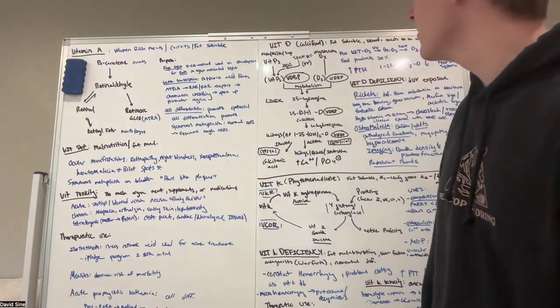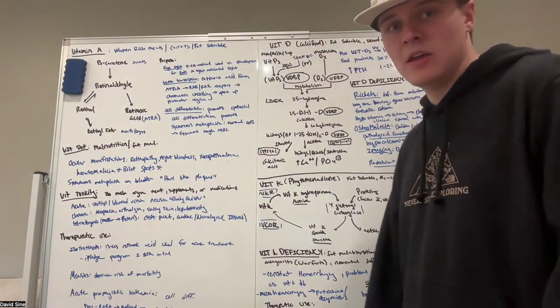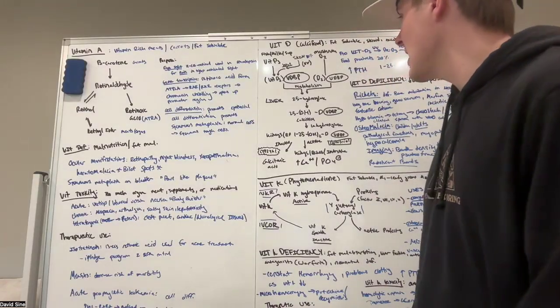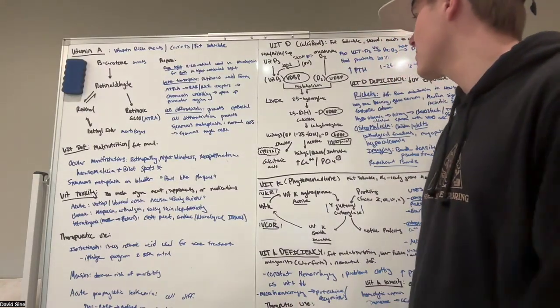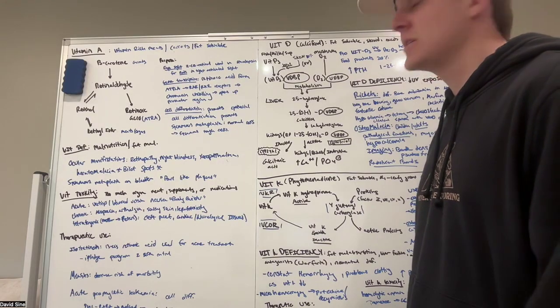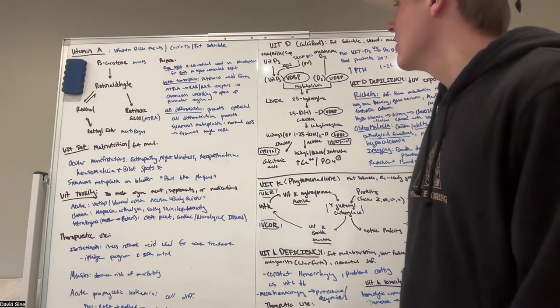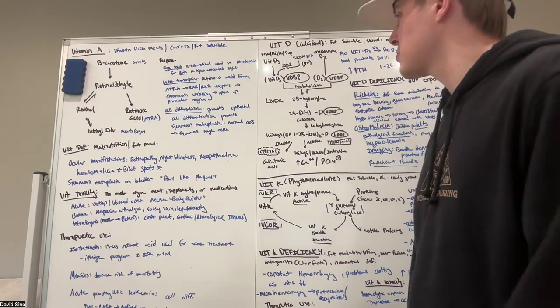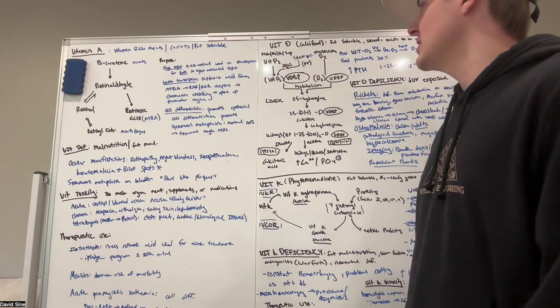That vitamin D3 form will get picked up by a VDBP, which is a vitamin D binding protein, and it helps to move it through the metabolism process. So it's going to get picked up by the transporter VDBP, and your D2 as well.